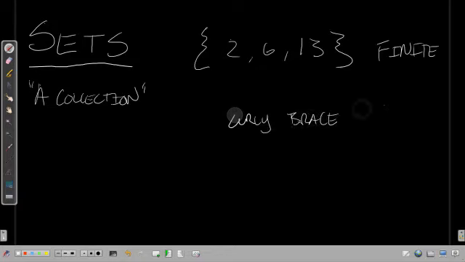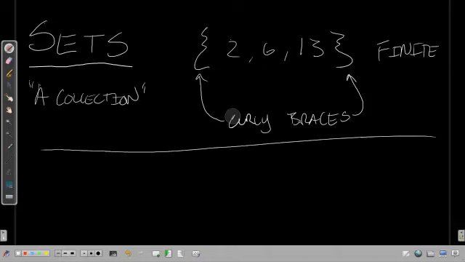In most cases, I think actually in every case, on the homework throughout the semester, if they're talking about a set and they want you to give them the set, like the set of solutions, they would have the curly braces already put there. And that's if it's finite.